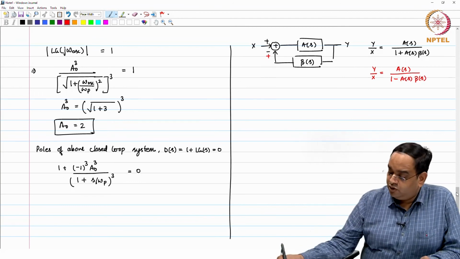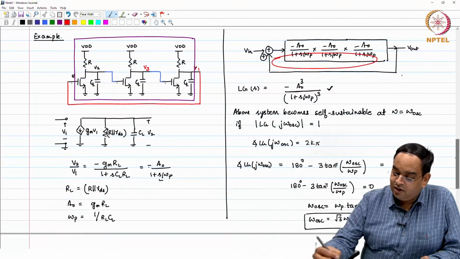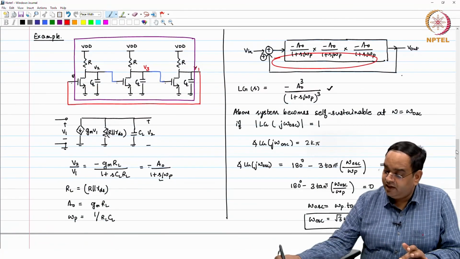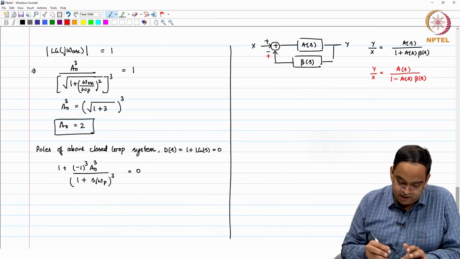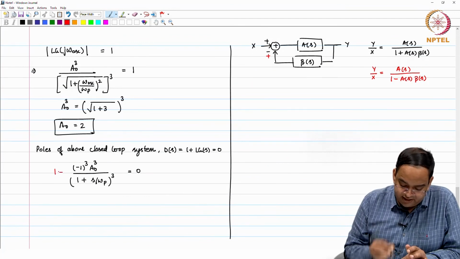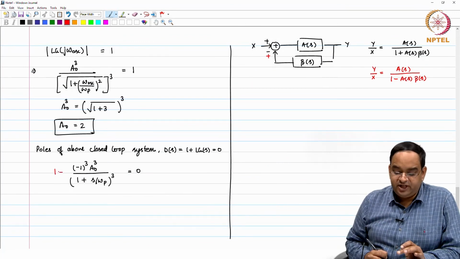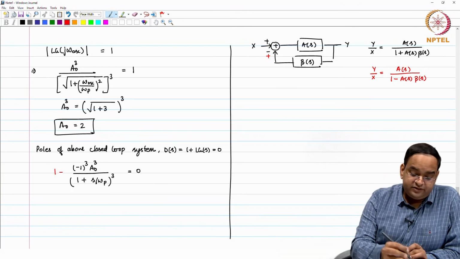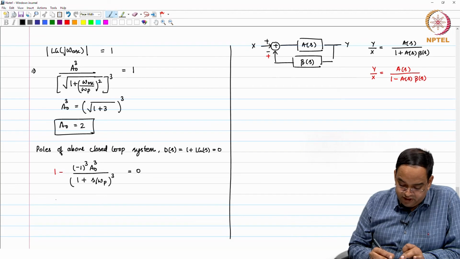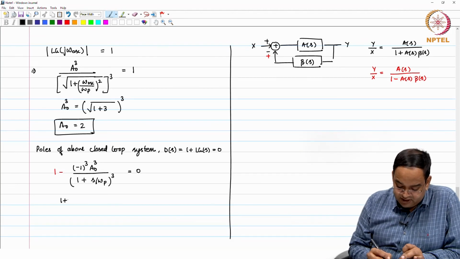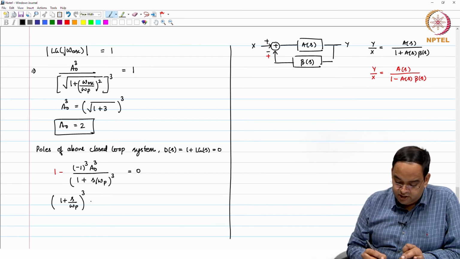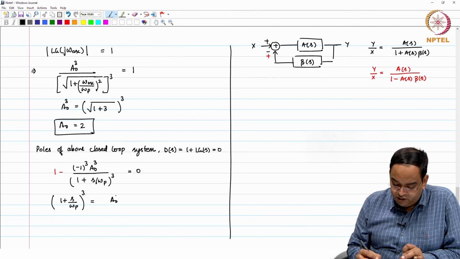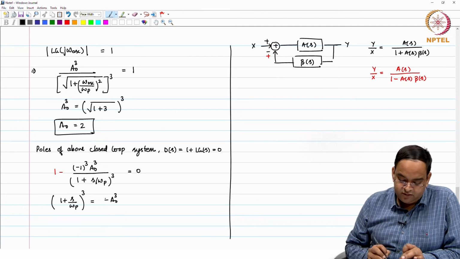Okay. So, looking at our oscillator the way we are combining, it is going to be here 1 minus minus 1 cube times A naught cube. Okay. We need to find the poles for this. So, what we will get here is that 1 plus s by omega p whole cube is equal to A naught minus 1 minus A naught cube.